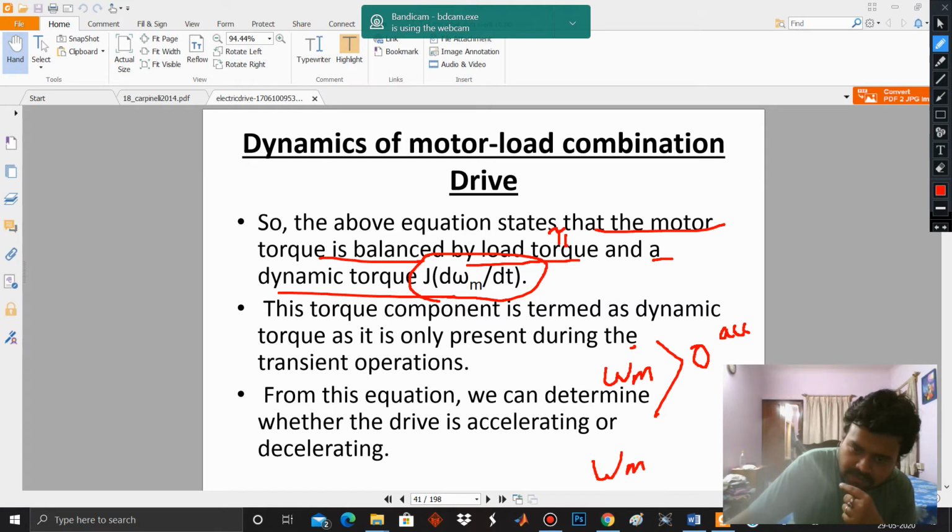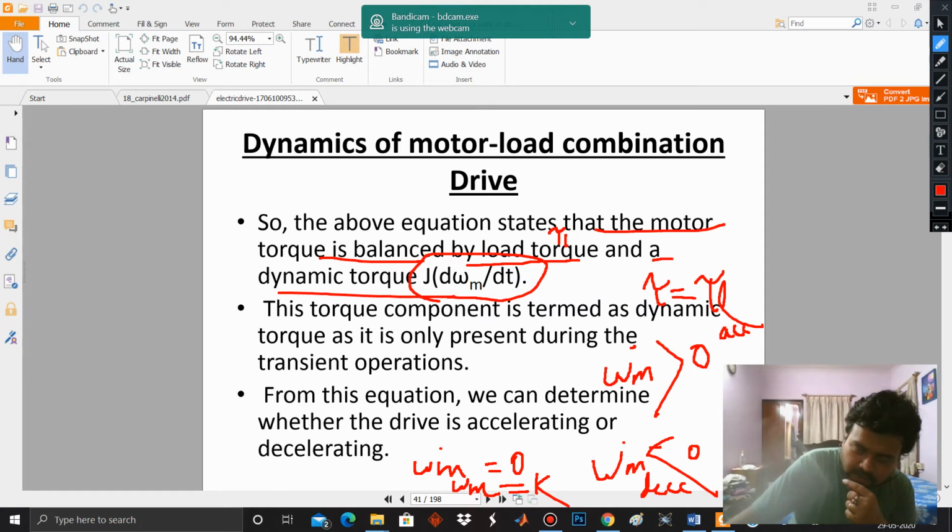If omega m dot is less than 0, it is decelerating, and if omega m dot equals 0, then we can derive that omega m is constant. That means in that case tau is exactly equal to tau L. That means the rotor is moving with constant speed. Only then it is possible.